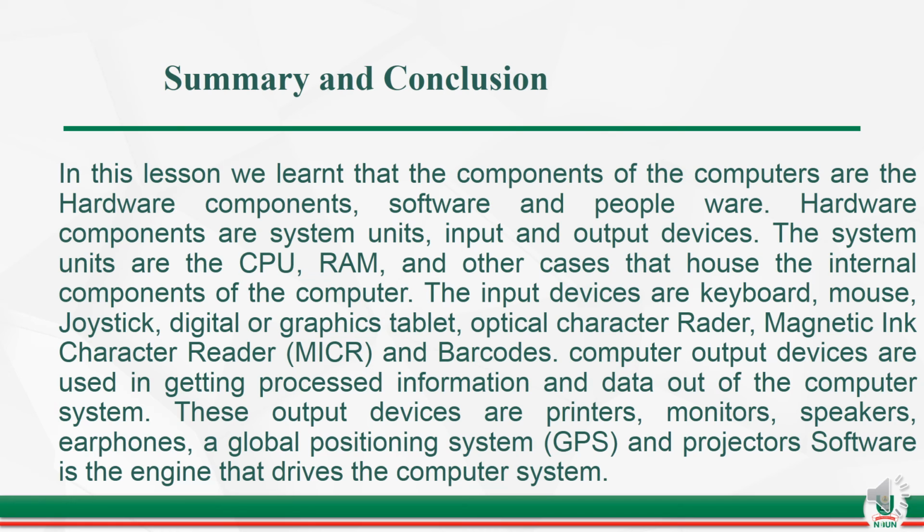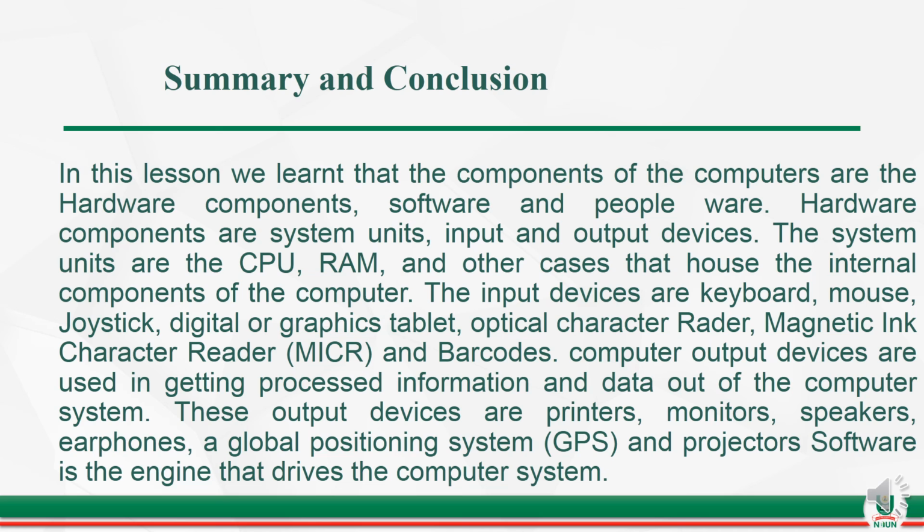In this lesson we have learnt about the components of computers, which include the hardware components, software and the peopleware. The hardware components of the computer system include the system units, input and output devices. The input devices are the keyboards, mouse, joystick and others, while the system units include the CPU, central processing unit, the RAM and others.